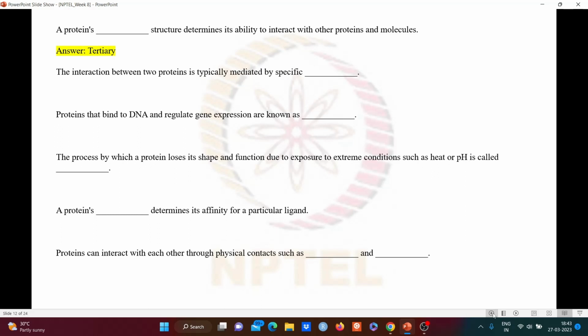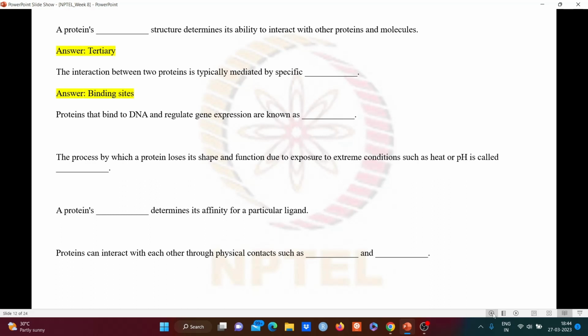Okay, any other answer for the second question other than the amino acid? It's binding sites. Okay, so the specific binding sites help for binding of the other proteins. So they have the binding sites, or we call binding interfaces.